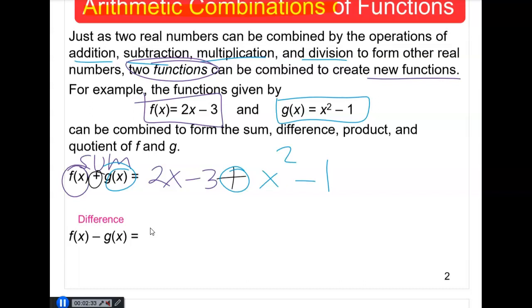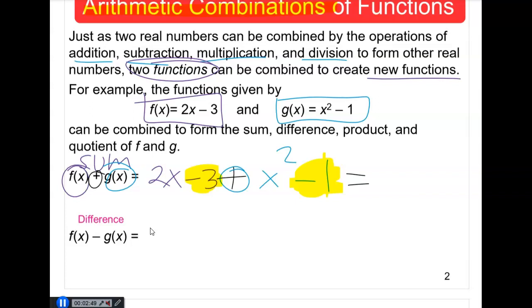So now what we do here is we combine like terms. The only two that are like terms will be the -3 and the -1 because they're just numbers, real numbers. The x squared and the 2x are not like terms, so we do not combine them.